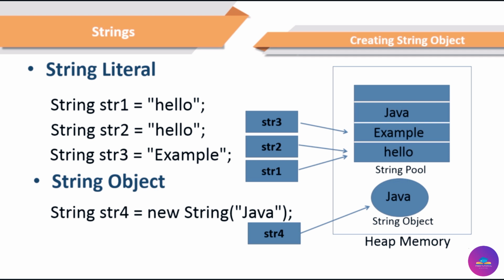Also, the same string object is created in the string pool, because, of course, the string pool doesn't contain an object with the string Java. However, str4 refers to only the string object in the heap, not the string pool. Follow?